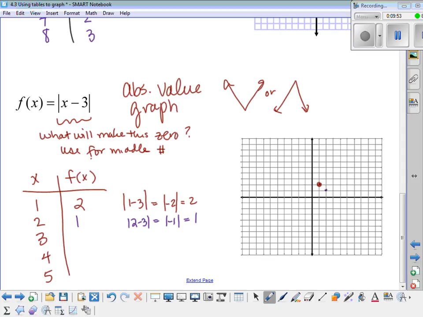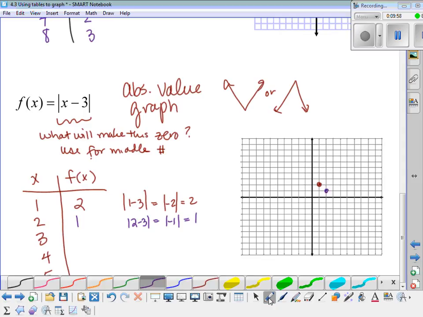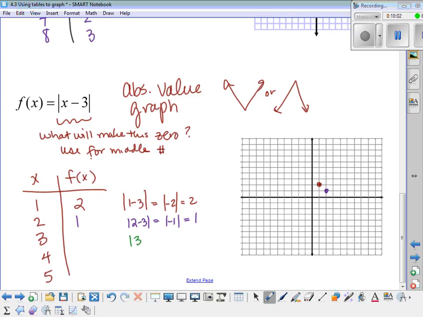So 2, 1 would be your next point. Put in a 3. We already said that was going to be 0, right? So that's 3, 0. All right, then when I put in a 4, I get the absolute value of 1, which is just 1. And so we're back to 1 again.